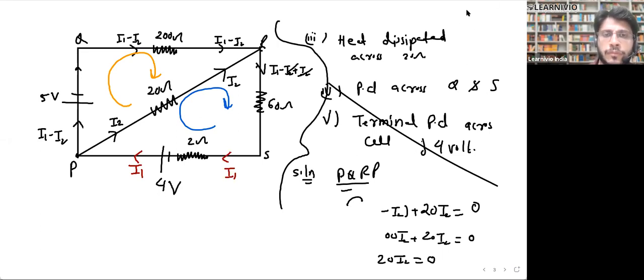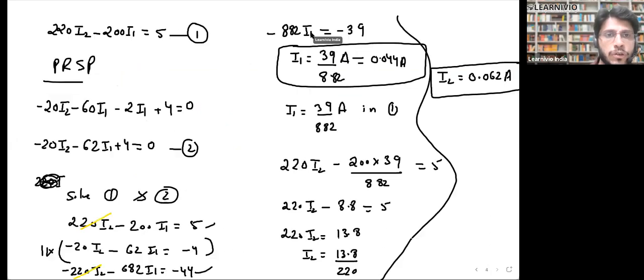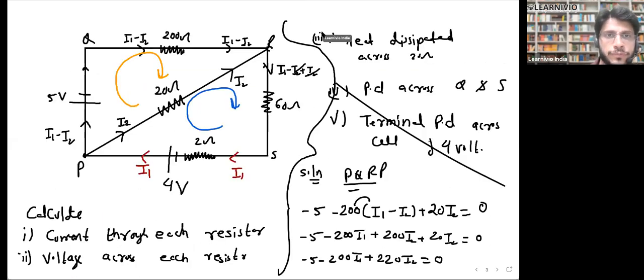So current through 60 ohm and 20 ohm. Yeah, not 200 ohm and 60 ohm, 200 ohm and 20 ohm.